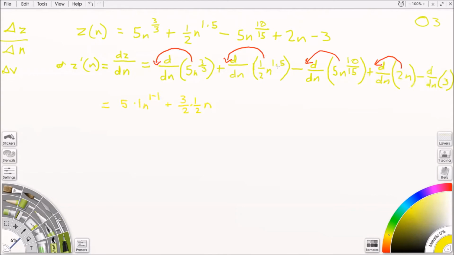We've got n, and then 1.5 minus a whole, or 3 over 2 minus a whole, will actually end up giving us, I think that's -1/3, but I'll just check. Okay, no, that's actually a half. Ooh, got that wrong.